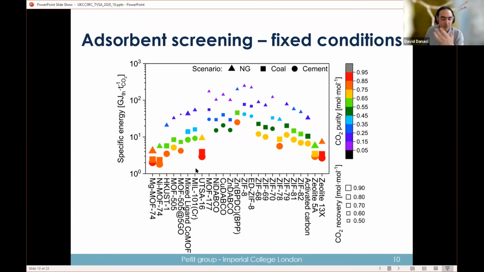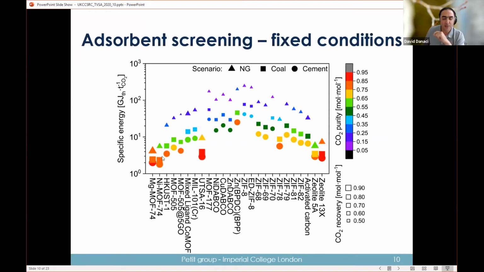Again, the better performing adsorbents in this case are the same as before because we have assumed that the heat capacities of all of these are equal. If you had actual heat capacity data, then you would also see the effect of adsorbent heat capacity on the specific energy.